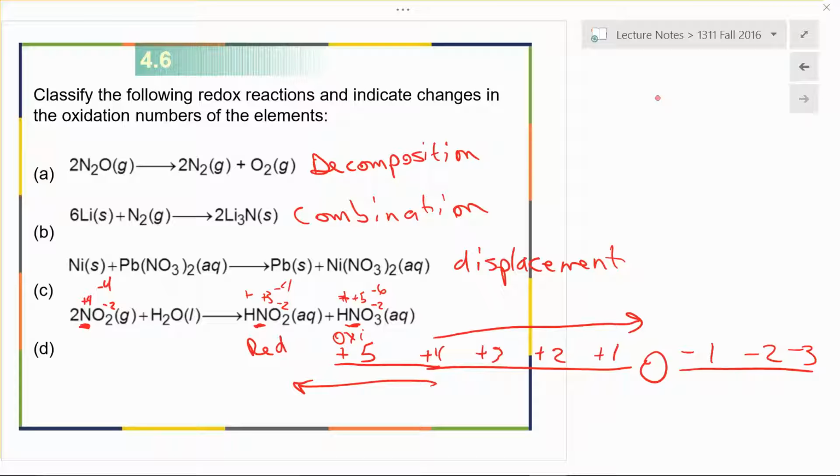Okay, did everybody get one? Okay, so give the oxidation number of all the elements in the following molecules and ions. Okay, so go ahead. We'll start to work those out and we'll practice them in a few minutes.